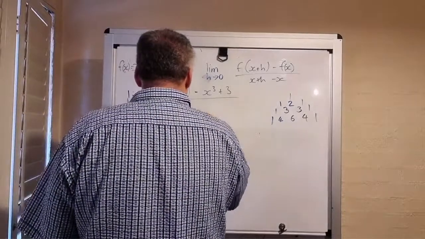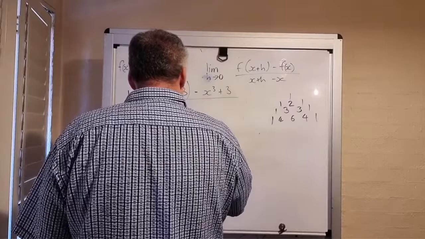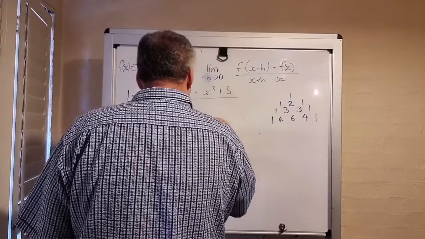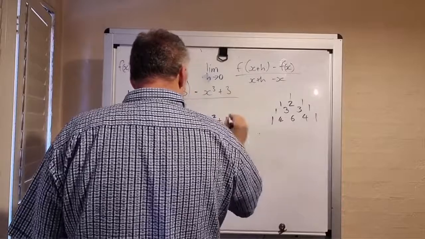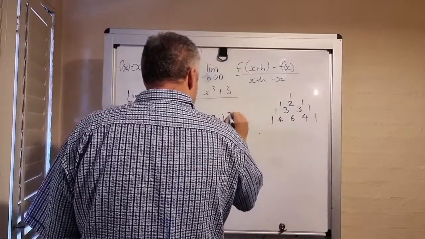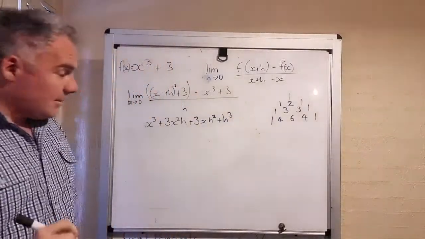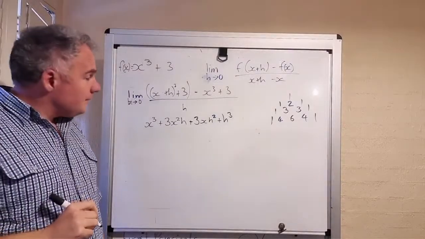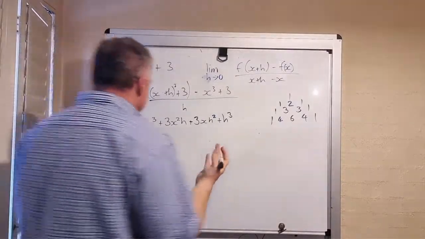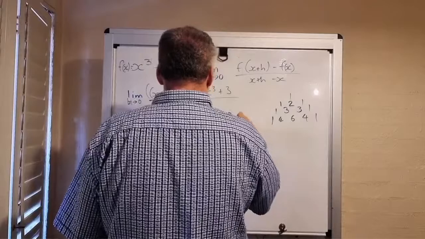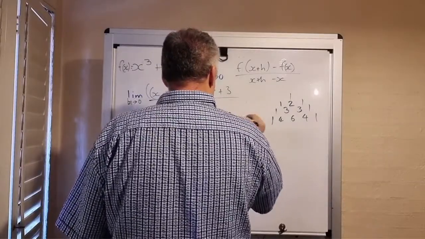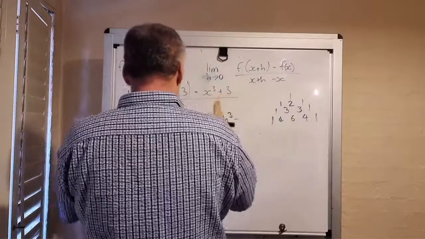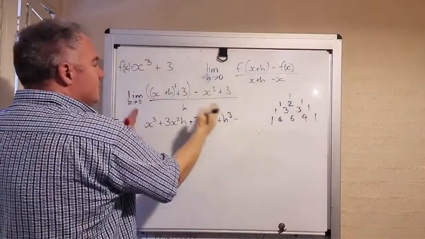Then plus 3x h squared plus h cubed. Okay? Then we're taking away, so that's that bit done.